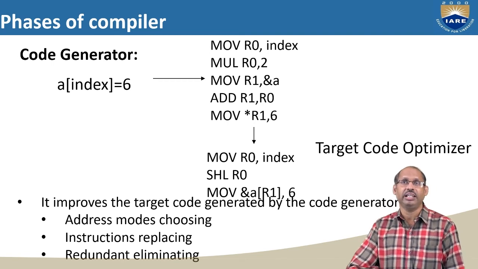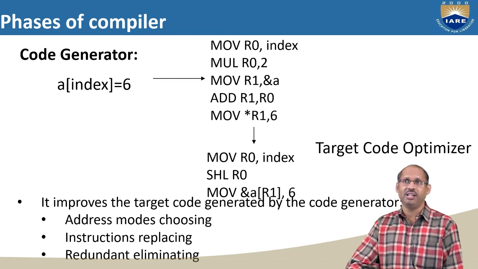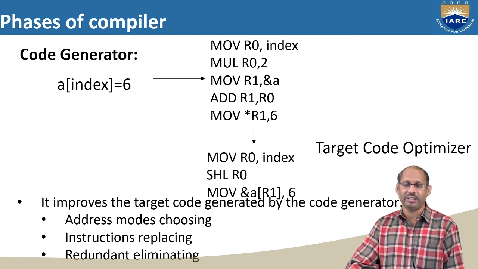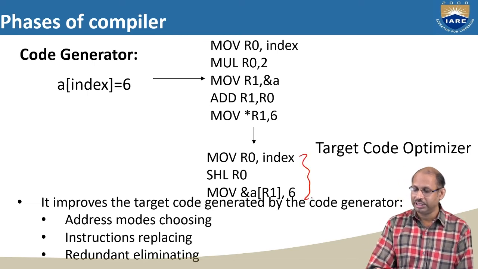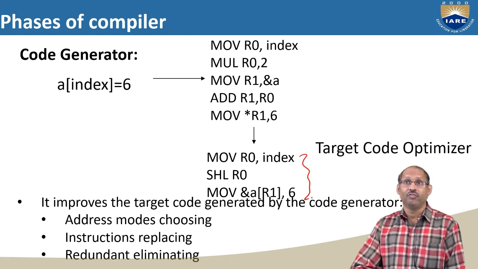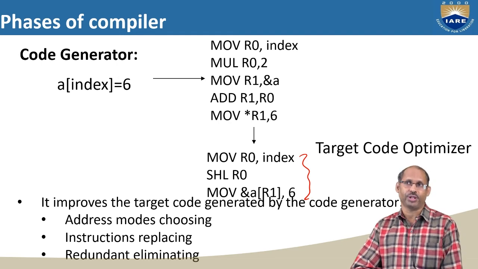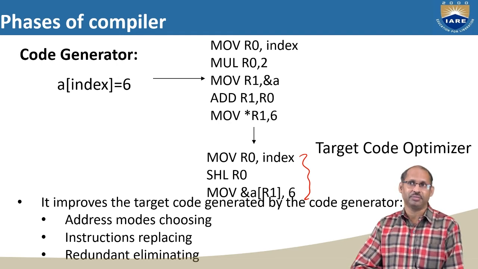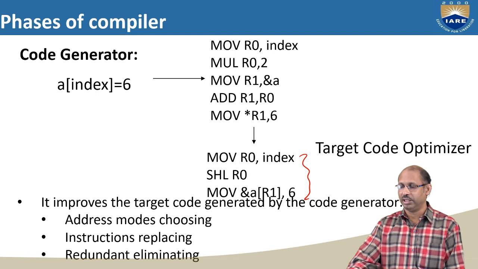So here the final optimized assembly language program is generated with 3 statements, which is the output of our source statement, and it is converted by each phase of a compiler, right?